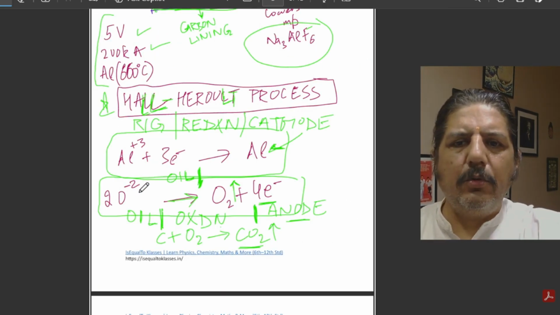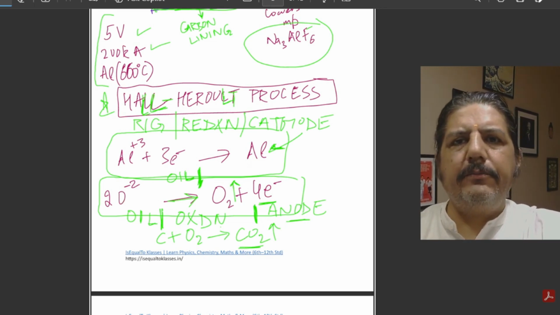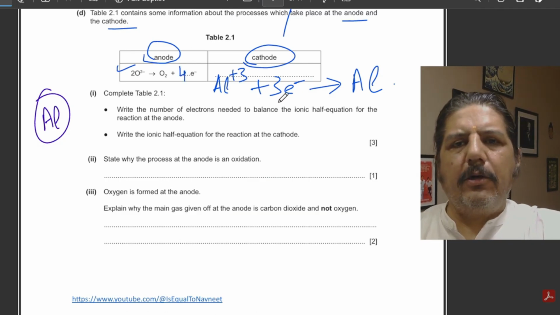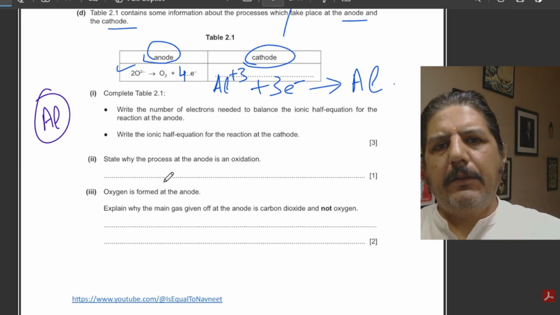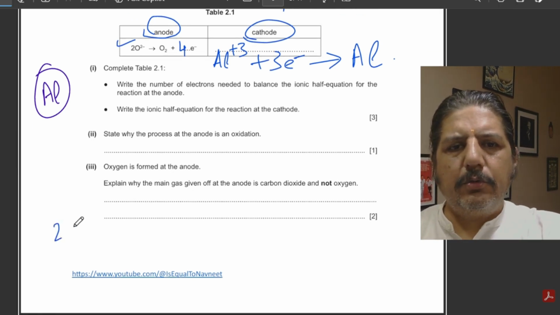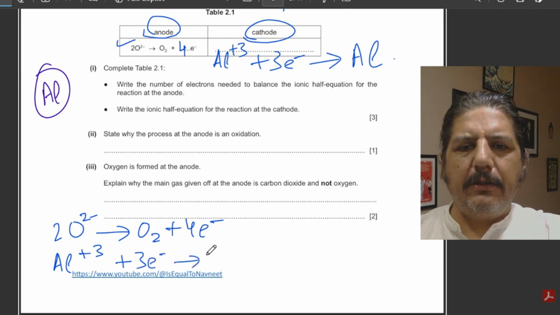So if you see 2O2-, it gives O2 plus 4 electrons, so there should be 4 electrons here. Now, if you see carefully, I'll again write it here so that you can understand this correctly. So 2O2- gives O2 plus 4 electrons, and Al3+ plus 3 electrons forms Al.